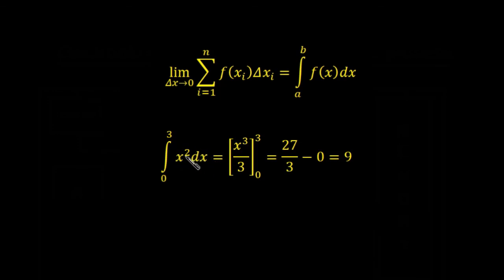In order to integrate this, we add 1 onto the exponent and divide by that value, so that becomes x to the power 3 divided by 3, and we're going to integrate that from 0 to 3. So it's going to be 3 cubed, which is 27, divided by 3, which is a value of 9. So that is the area under that curve.